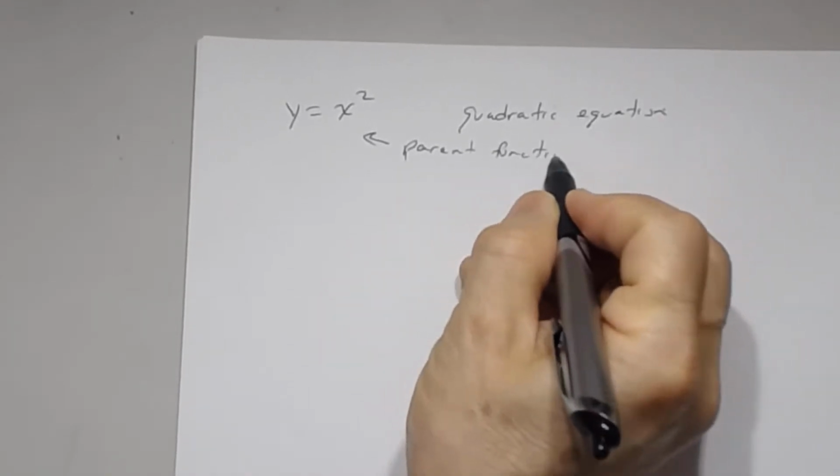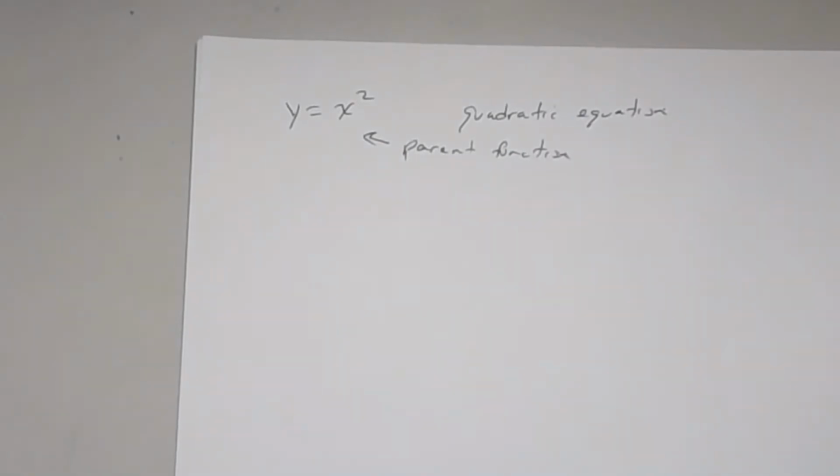Now I'm using the word function. Unless you remember something from a previous course, you don't have to know what a function is right now. We're going to talk more about functions next class period, including the definition of a function. So y equals x squared is a parent function.